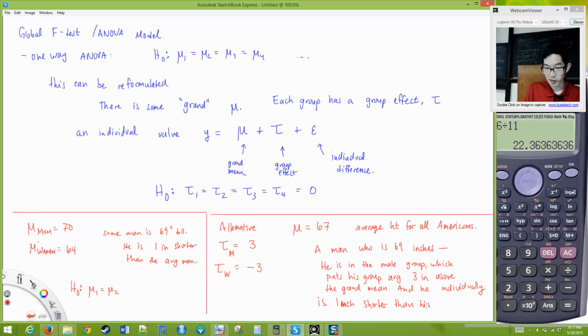So I know it feels a little bit more cumbersome this way, but this gives us some more flexibility in dealing with multiple effects.